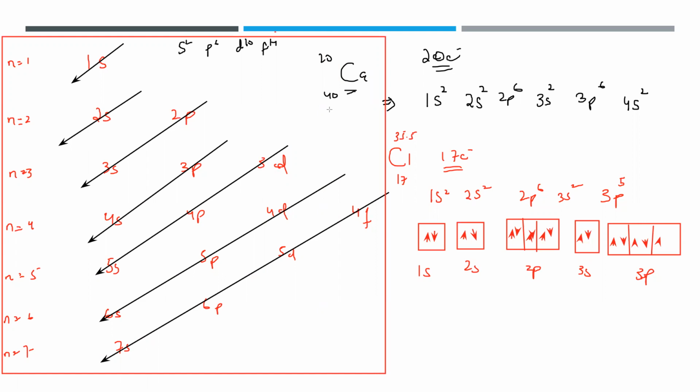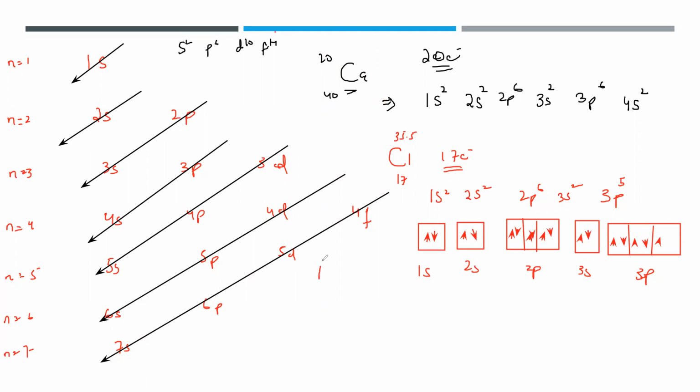Then another example: iron, which has atomic number 26. So we have to arrange 26 electrons in total.